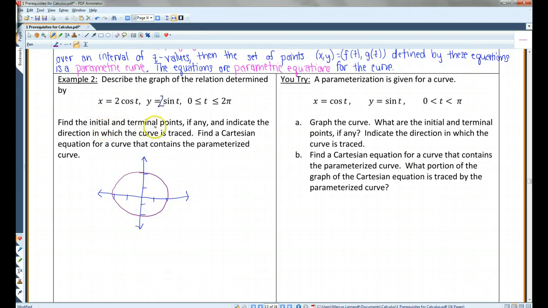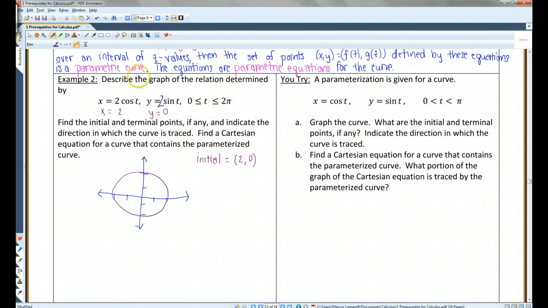Find the initial and terminal points. Initially t equals 0, so if you plug in 0 for each of these, you're going to get cosine of 0. If you remember the unit circle, cosine of 0 is 1. So 2 times 1 is just 2. Sine of 0 is 0. So the initial point is 2, 0.